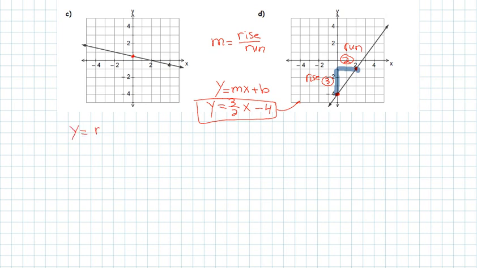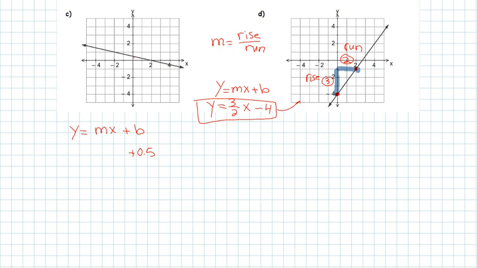So, my y-intercept is 0.5, okay? But if I'm going to use my y-intercept, I won't be able to know what my rise and run is, okay? Because it's a half. You're going only down by a half, okay? So that's why I have to use 2 other points on the graph other than the y-intercept.